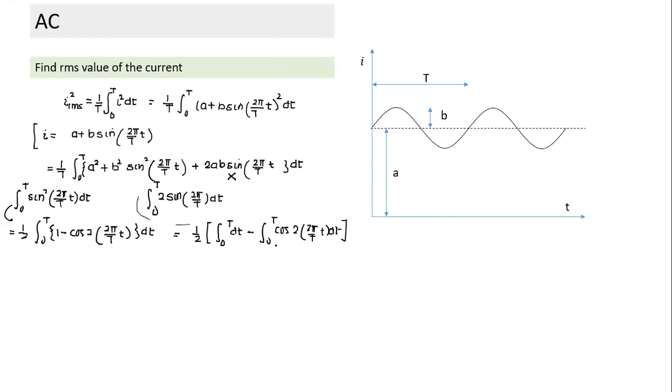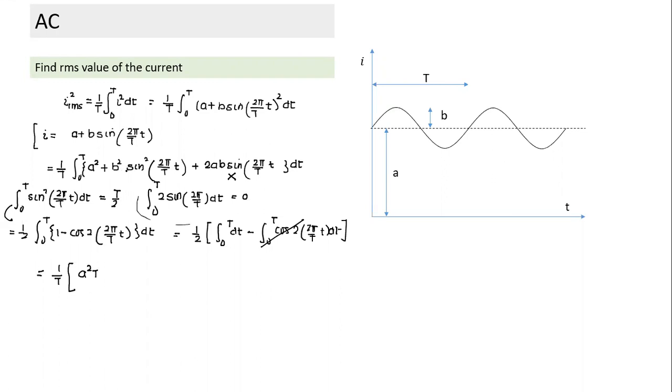So this term equates to 0. What does it lead to? The integration of this whole term comes equal to t by 2, and the integration of this term comes equal to 0. So if we write all this here, this term you can write as 1 by t. Integration of this term gives a square t.